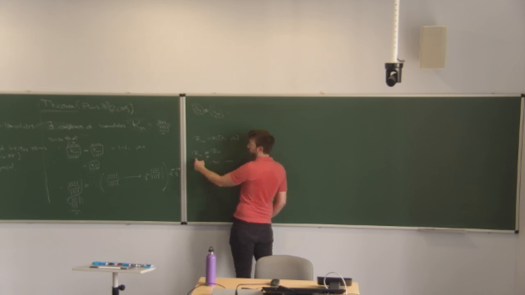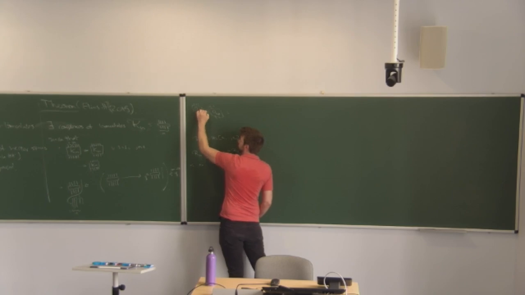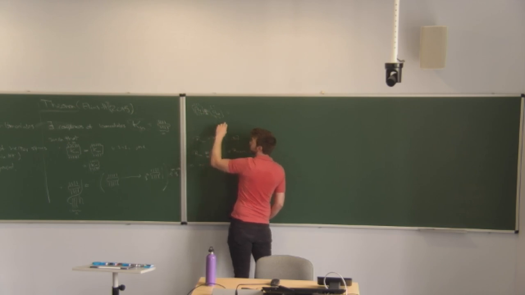So the tensor product of Rn and Rm is in fact isomorphic to Rn plus m. And so placing bimodules side by side is really just tensoring over K, and then utilizing this isomorphism.